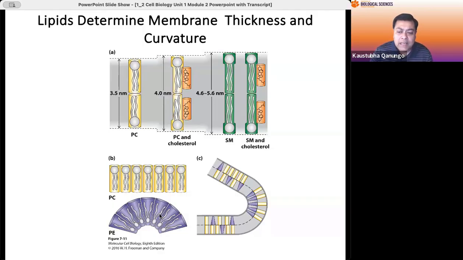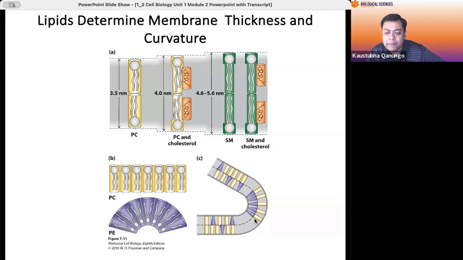Then you can see that phosphatidylethanolamine has a smaller head group, so its van der Waals envelope is to some extent conical. And this is your phosphatidylcholine. See how strategically the membrane asymmetry provides a roundish structure for the membrane.